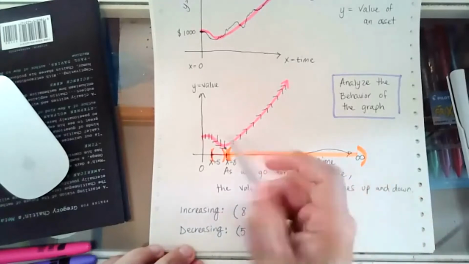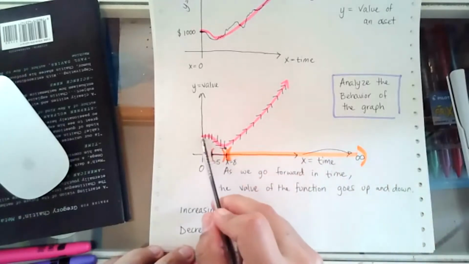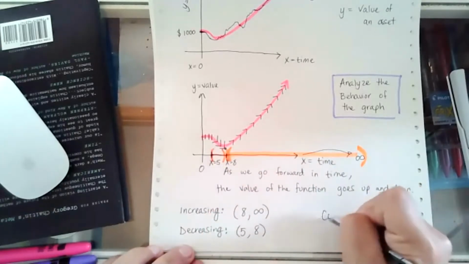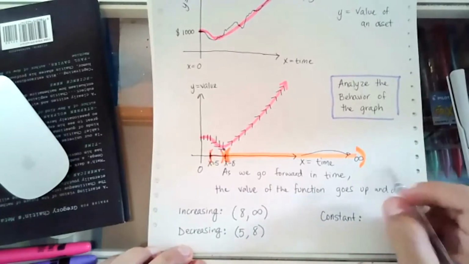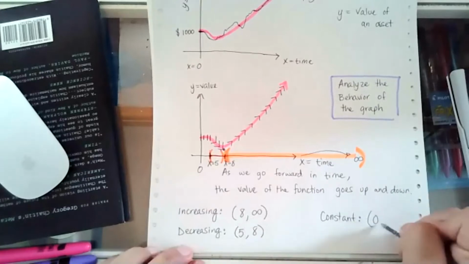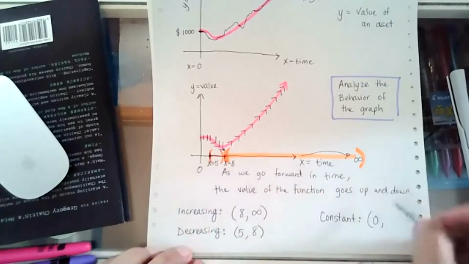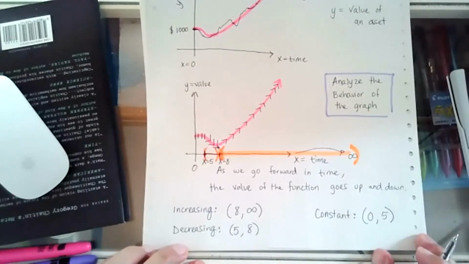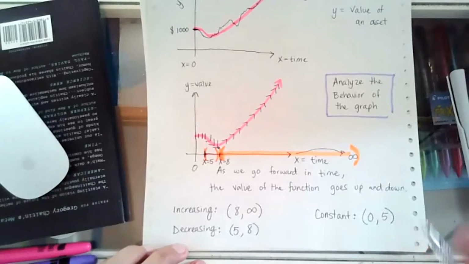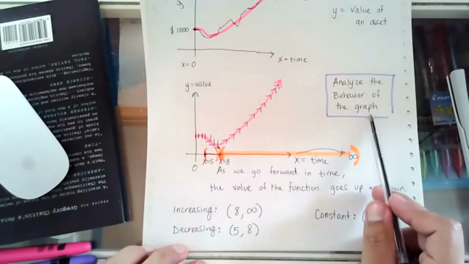And when I started this thing off, it looks like it was flat or constant in value between day 0 and day 5. Does that sort of make sense? So that's what I mean by analyzing the behavior of the graph.